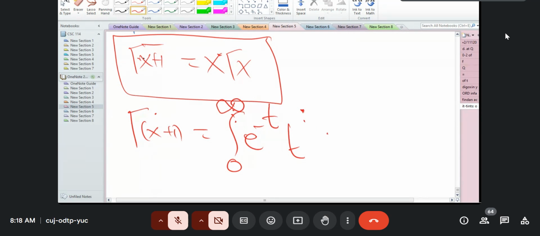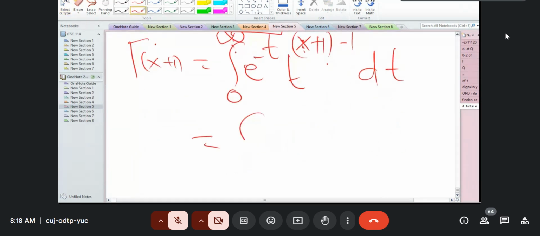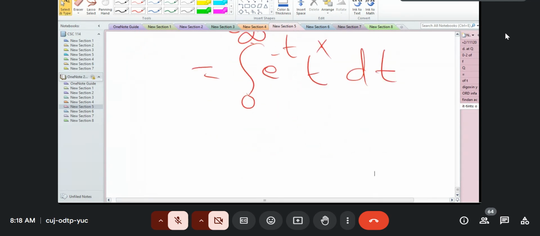So here we'll have x plus 1 minus 1 dt. This is equal to 0 to infinity e to minus t raised to x plus 1 minus 1, which gives us t raised to power x dt. This is an integral of the form u dv, and the formula is uv minus the integral v du.